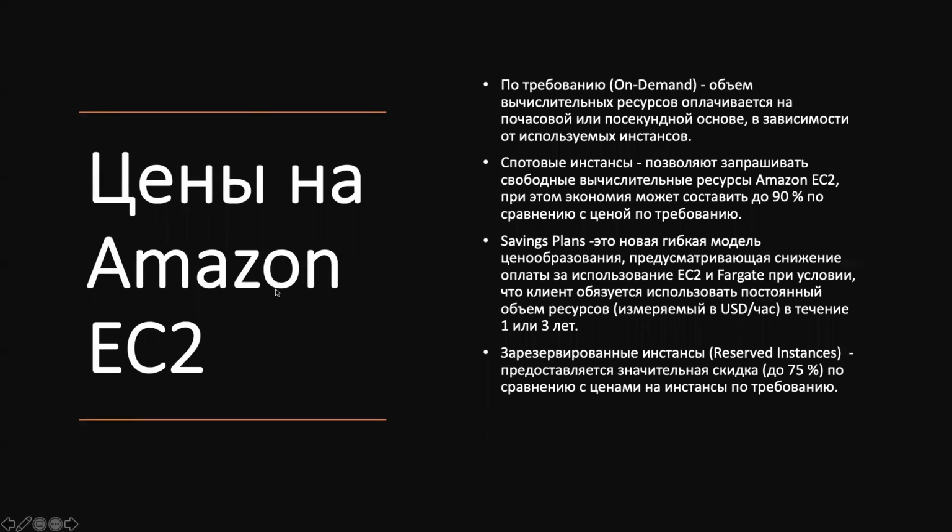So here I have information on the pricing of EC2 instances. They have 4 different pricing options. First is on-demand: you get EC2 servers and pay on an hourly basis or per second basis. The second one is spot instances. With spot instances, you can save up to 90% compared to on-demand instances.